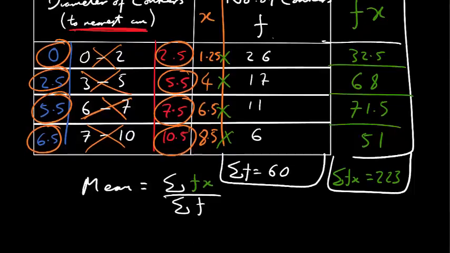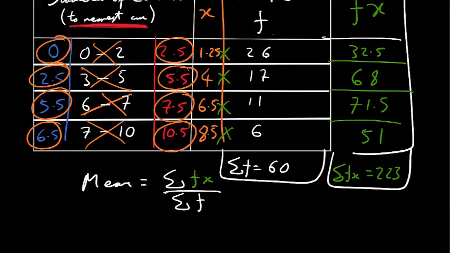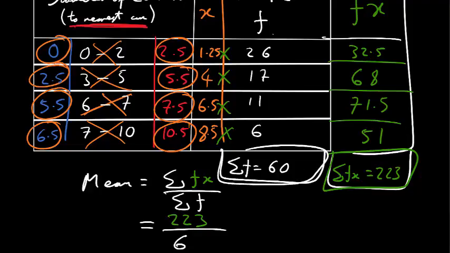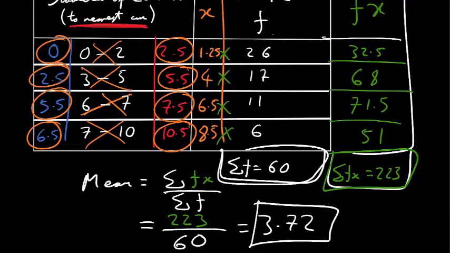So to work out the mean, I just do 223, which comes from this box here, divided by the sum of my f's, which works out as 60. And that comes out as 3.716 recurring. So I'm just going to call it 3.72. So my average diameter of my conker is 3.72 centimetres.